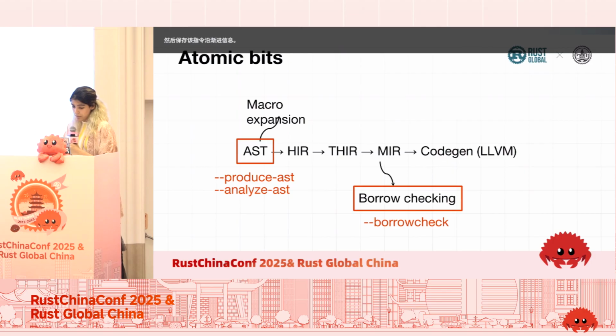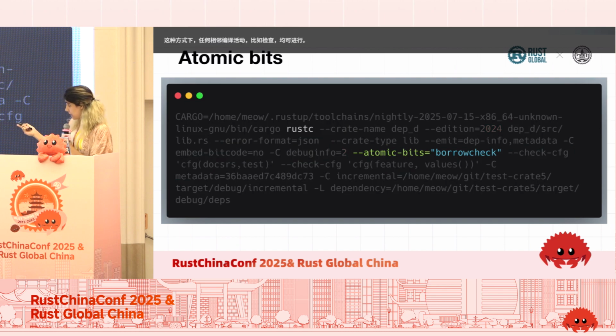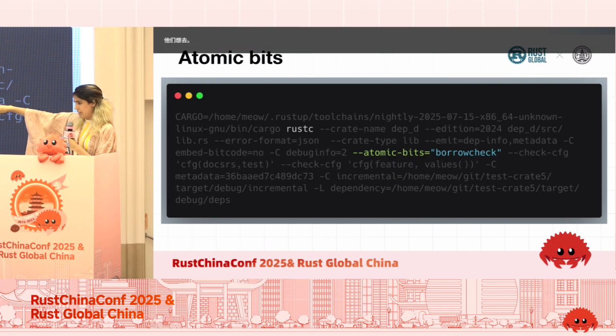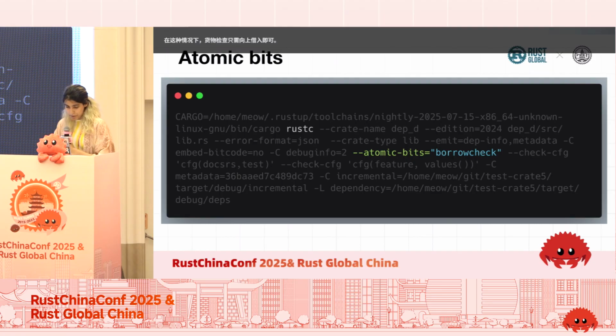This way, any compiler adjacent activity, such as check, build, or clippy, could declare an atomic level that they'd like to go to. This is the verbose input for rustc by a cargo check. In this case, cargo check only needs to go up to borrow check, so we declare it.